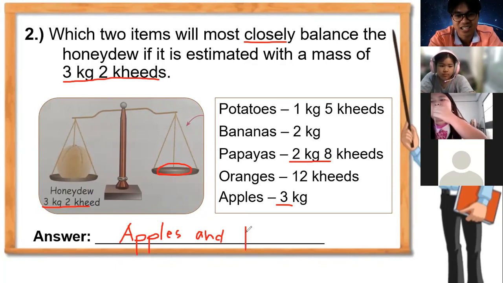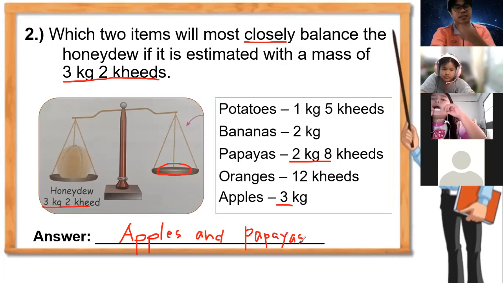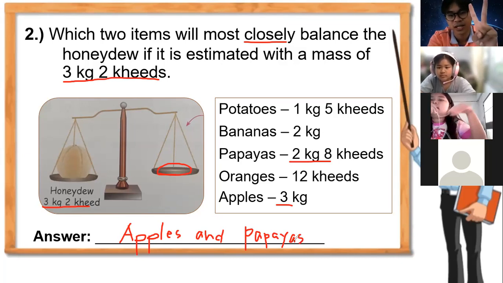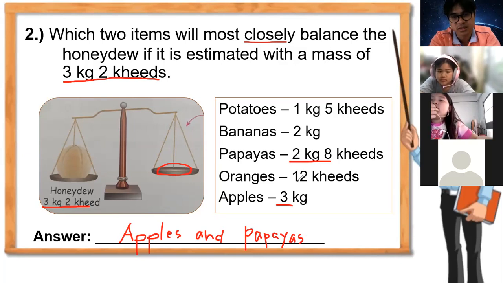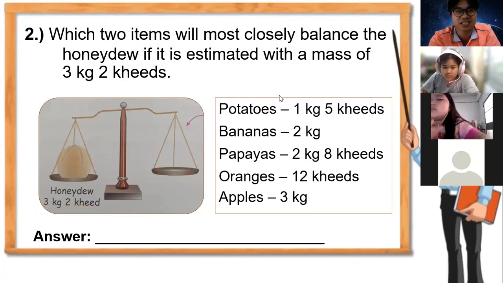Papaya. Yes, papaya. These are the 2 items most closely balanced. Bananas are only 2 kilograms. 2 items only. Okay? So apples and papaya. Let's go to the next.